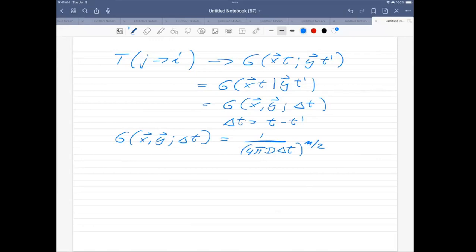So if we are in 3 dimensions, this is 3 divided by 2, obviously. And this is multiplied then with the exponential of minus, and then we have x minus y squared divided by 4d times delta t. So this is the distribution function.